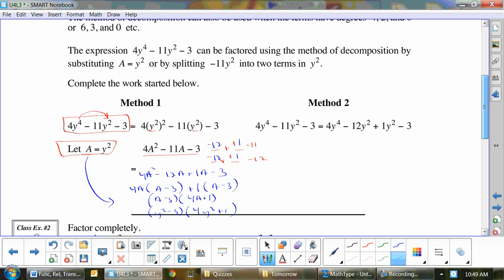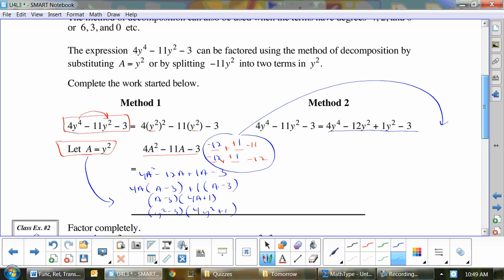Now, like I said, I personally wouldn't do this one using method 1. I would use method 2. Okay, because with method 2, I just have to keep straight that that's a y squared, not a y. And my first two numbers should multiply to give me a y to the 4. So you can see where I came up with this right away using this, right? Okay, so that was done already. And then I'm going to group.